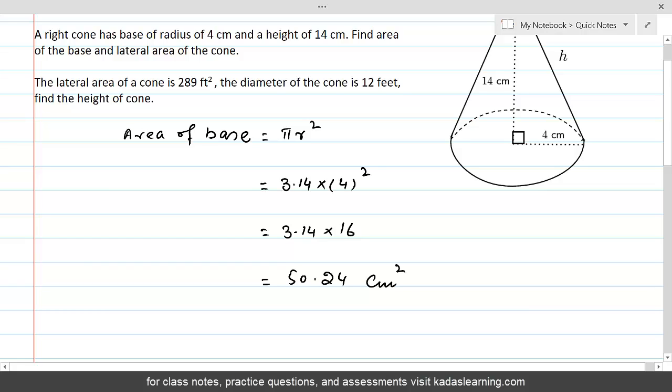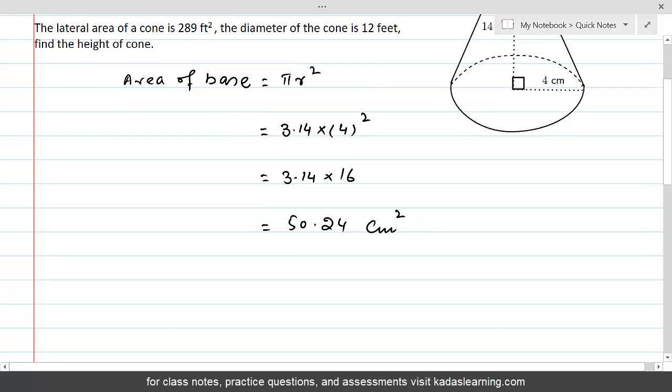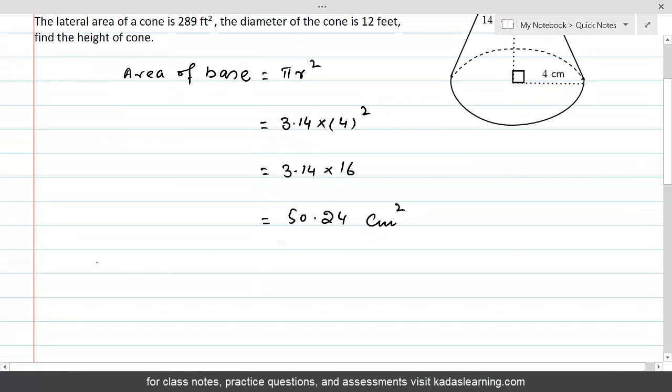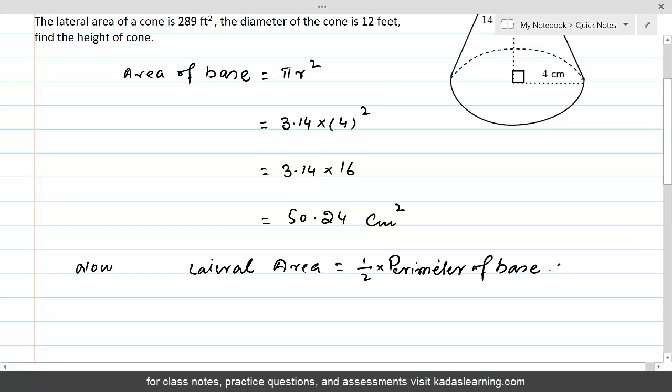Now let's find out the lateral area. Lateral area is equal to 1/2 times perimeter of base times slanting height SH.